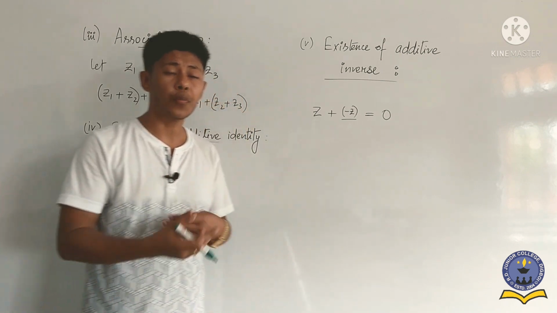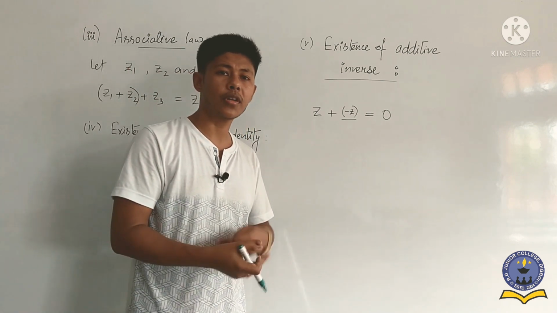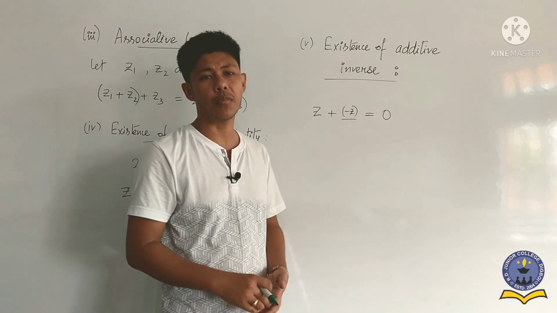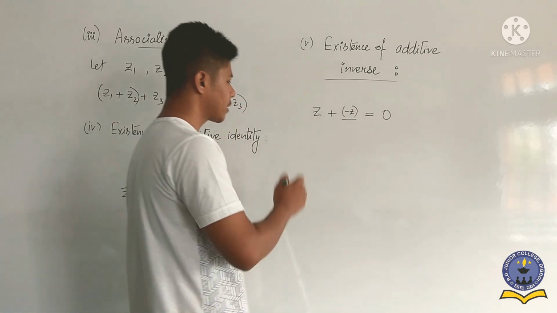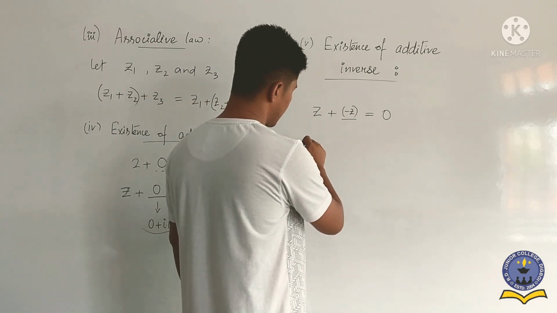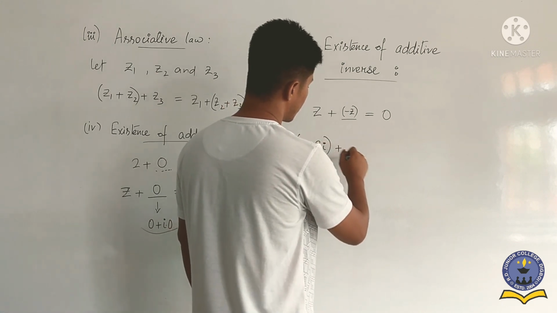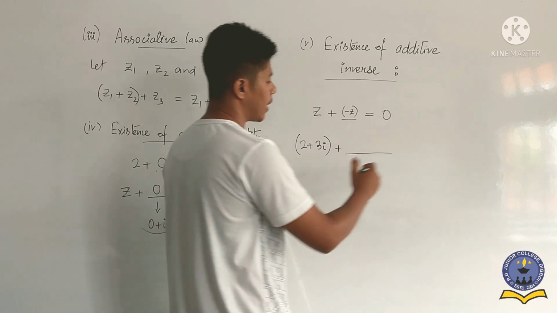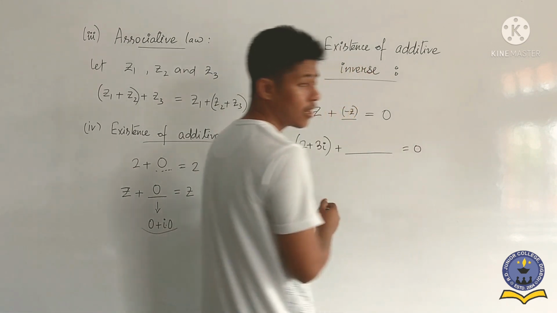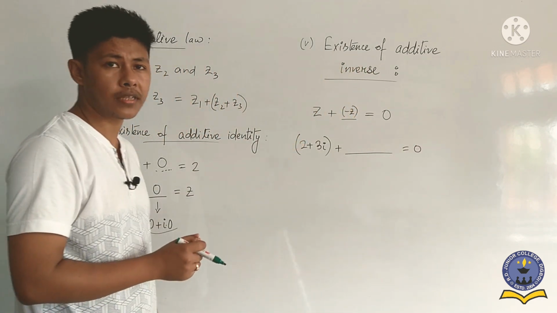That means for a complex number, its negative, its opposite, is called the additive inverse. For example, suppose 2 plus 3i is a complex number. The question is how much we have to add here to get the additive identity, 0 plus i into 0.